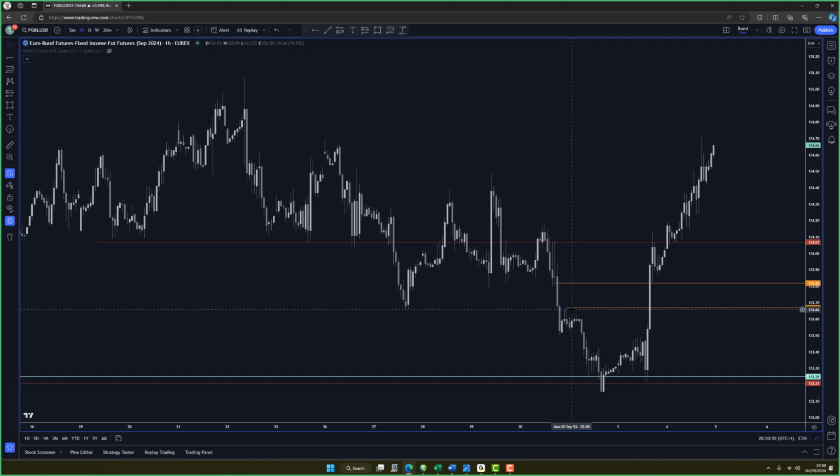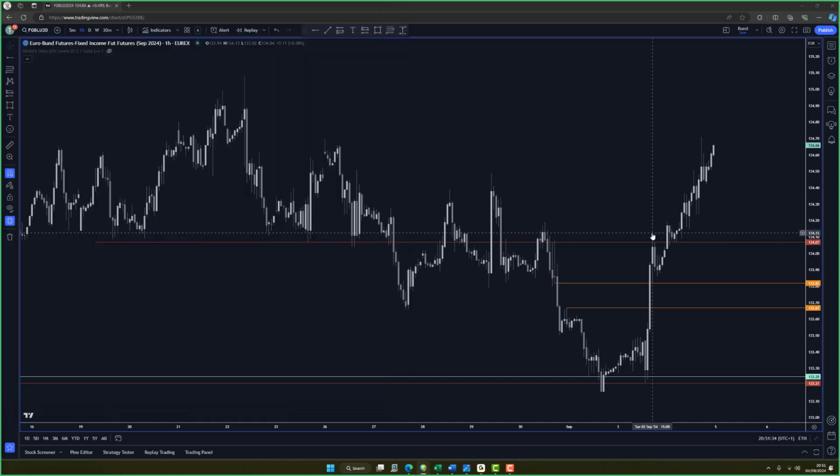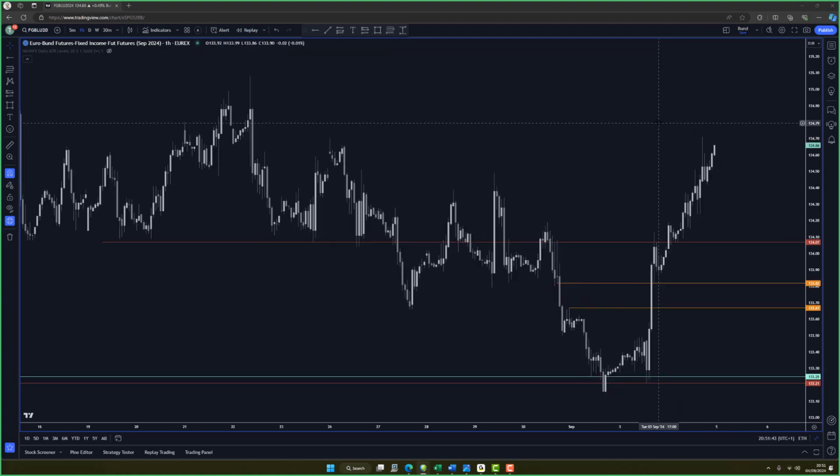So it is a higher time frame level and it hasn't been retested. It's naked, unlike this level here that has been retested. And from a market profile perspective, you will see that in this current week here, it's 4 ticks ahead of the single prints. Now again, I'm not coming down to work out exactly where to get in because we won't be getting near either of those levels until tomorrow, so there's plenty of time.